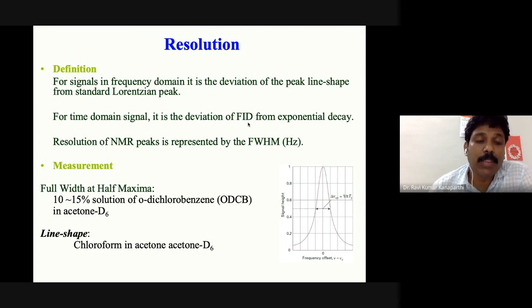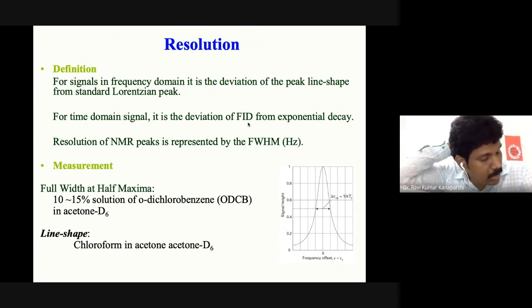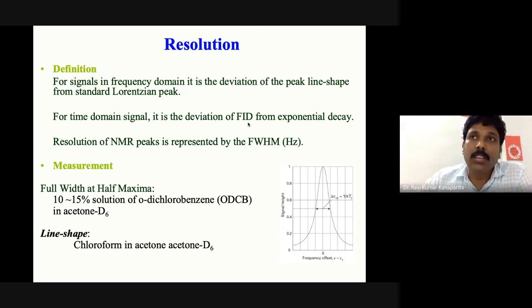After recording the spectrum, you look at the benzene protons, and you measure the FWHM of the benzene protons, and that will basically tell you the resolution of that instrument.